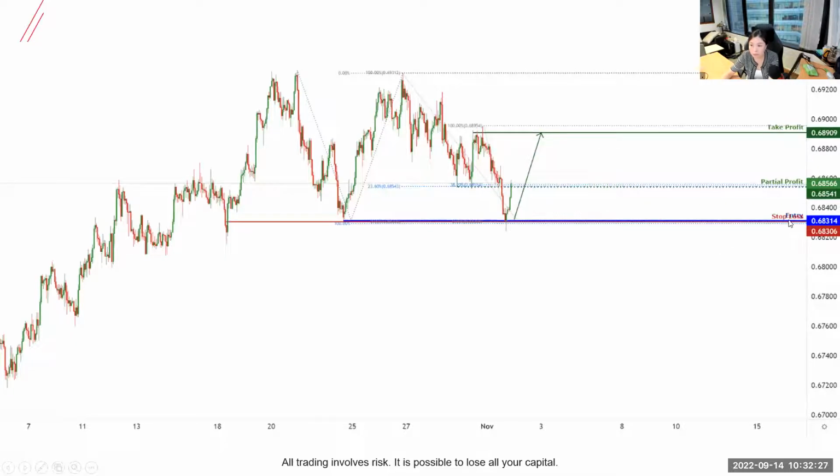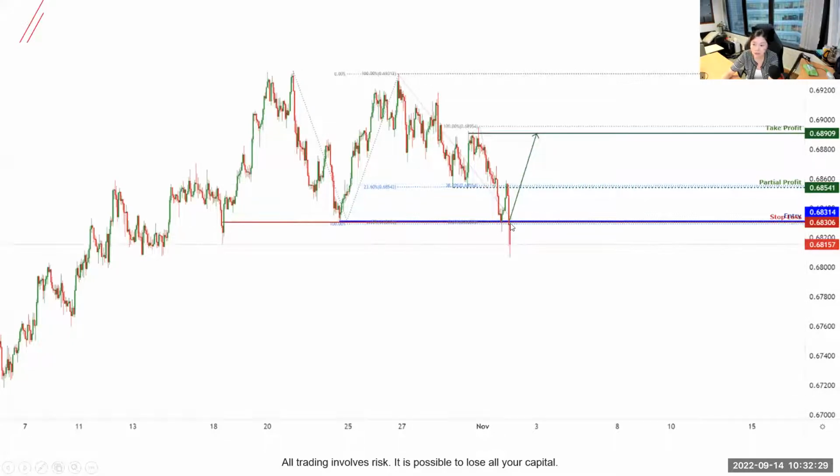So if I move my stop loss above, if it comes back down, I would not lose any sum of money. Or if I have taken a partial profit there, I would feel better that, hey, luckily I have taken some profits here instead of being so greedy.